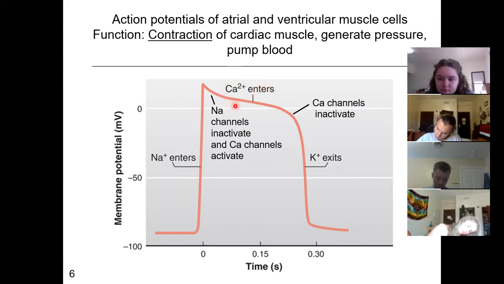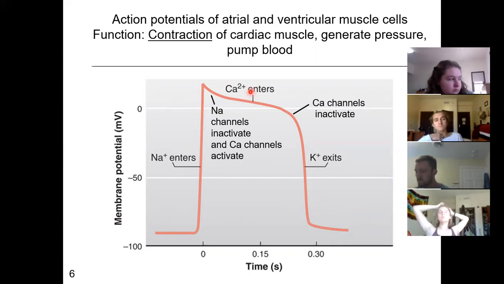Cardiac muscle, the calcium entry through the voltage-gated calcium channels triggers the calcium release from the calcium release channels of the SR. In both cases, the calcium goes up, calcium binds to troponin, cross-bridge cycle, contraction. So this is when the heart muscle contracts.